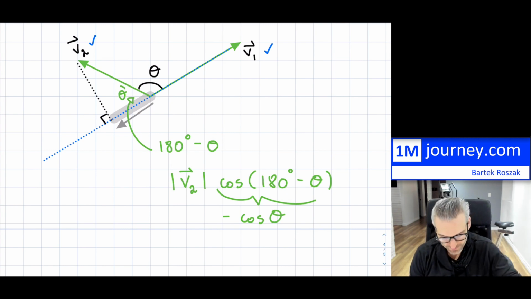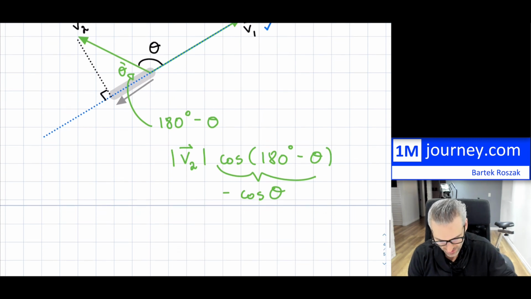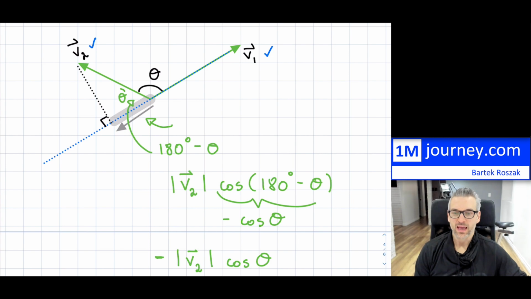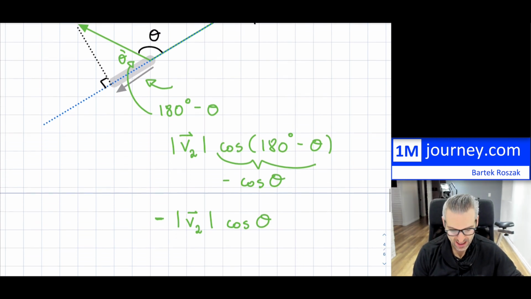Therefore, that particular magnitude is nothing else but the negative, which I'm going to drop in front, times the magnitude of V2 times cos theta. That is the magnitude. And now we still have to multiply it by the unit vector.